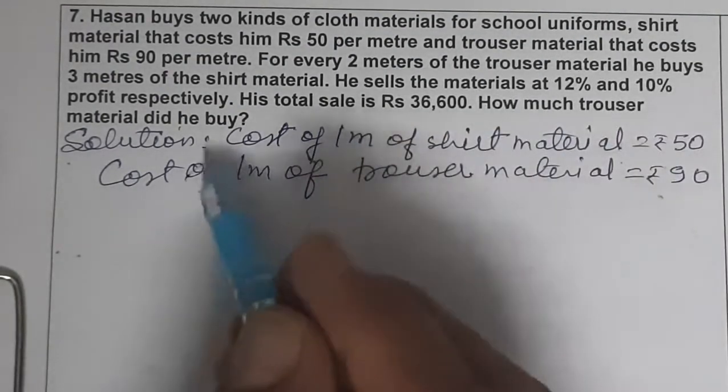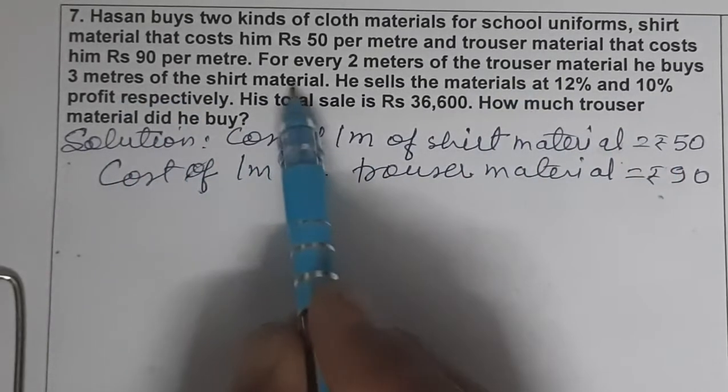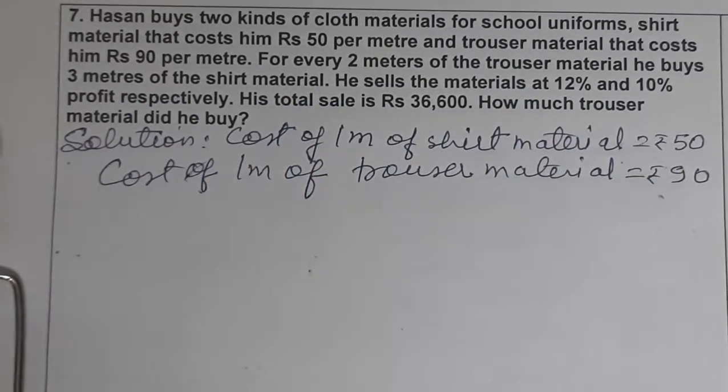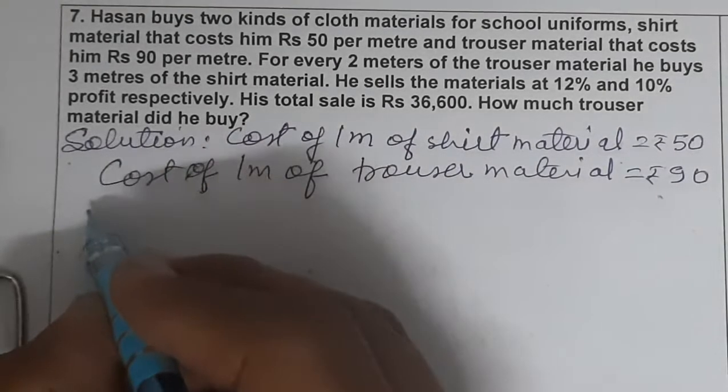Now, what is given? For every 2 meter of trouser, he buys 3 meter of shirt. That means ratio is given to us. For 2 meter trouser, he has to purchase 3 meter of shirt for uniform. So ratio is 2:3. So we'll start like this.